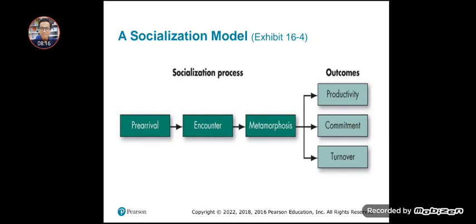This is the socialization model in Exhibit 16.4, which involves a few steps. You can read this by yourselves. It starts with pre-arrival, until we get what we call the three major outcomes for the organization. I hope that you can read this by yourselves.